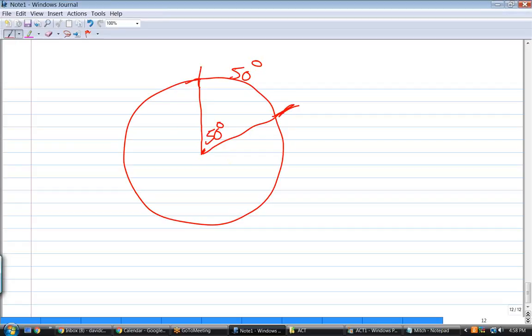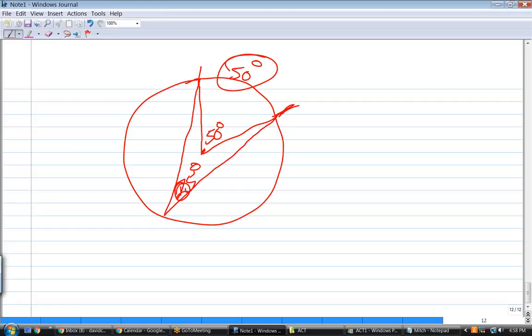Now, if that arc is subtended from that kind of an angle, this angle is always half of that arc measurement. So this angle is 25 degrees.